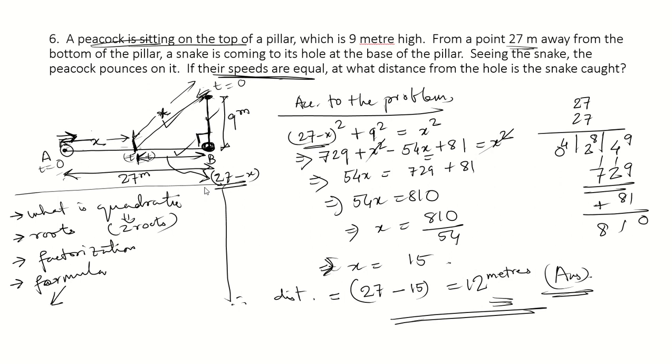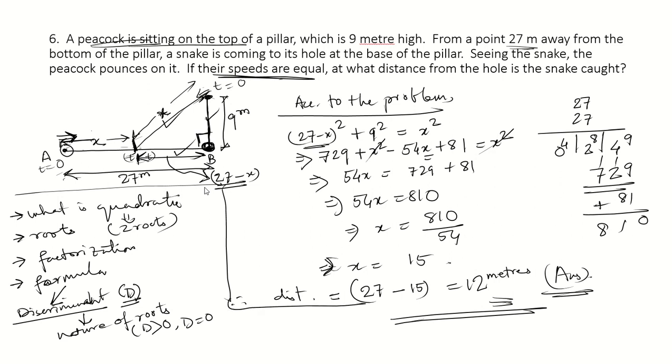In the formula there is something called the discriminant D. From the discriminant D we can understand the nature of the roots, based on whether D is greater than 0, equal to 0, or less than 0. So we discussed that also.